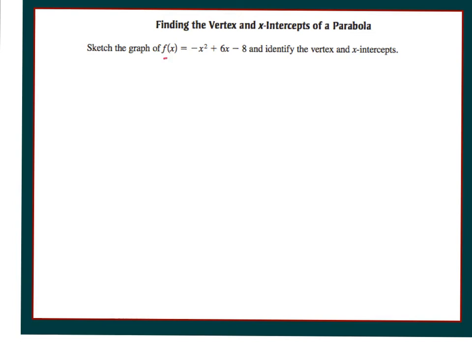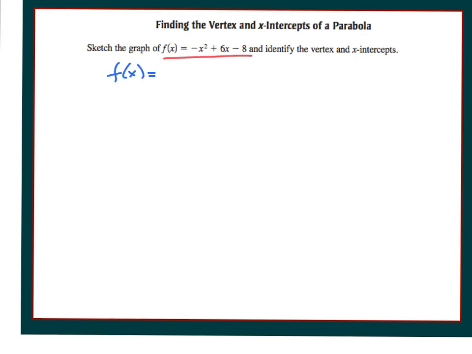What is wrong with this negative x squared plus 6x minus 8 equation? Negative. It's a negative in front. How rude. So what could we do? I can't Star Fox it. Factor it out. I could factor out a negative 1. So let's factor out a negative 1.